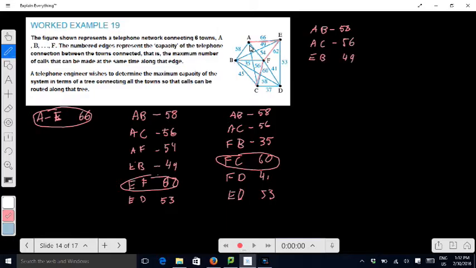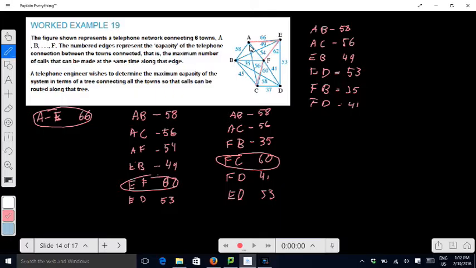I already got F, or I can go to D, which was 53. From F, I can go F to B, which was 35. F to D, which was 41. That's no good.